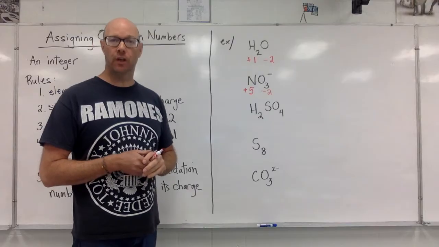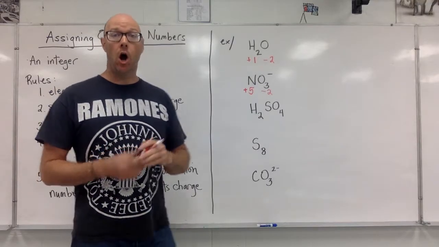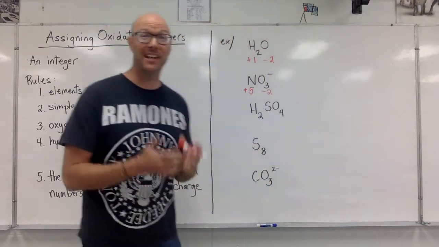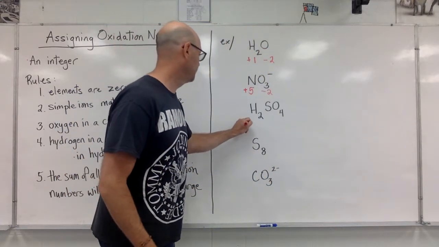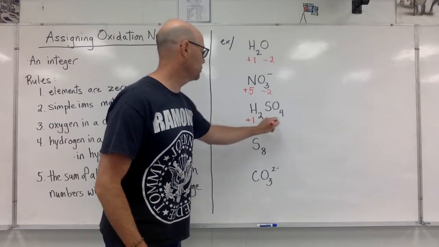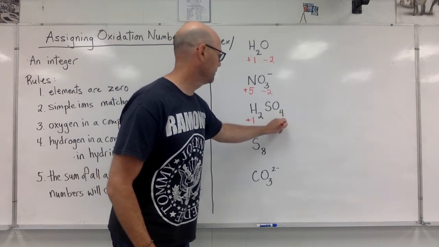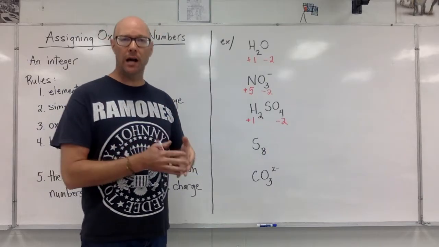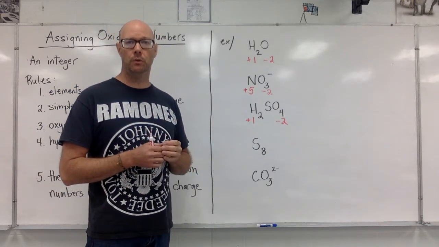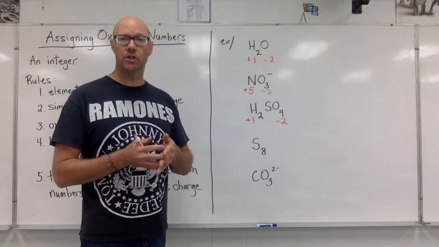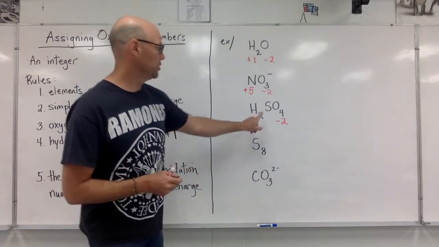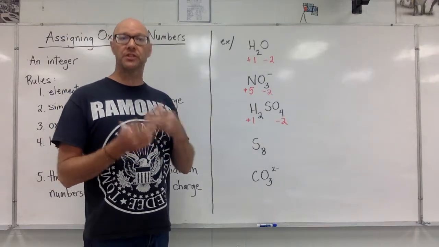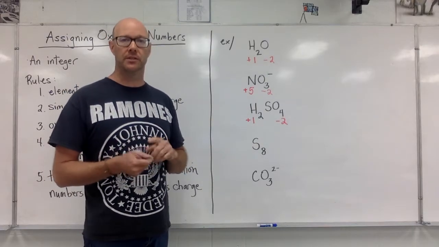Next I have sulfuric acid. That's a compound. Oxygen is -2, hydrogen is +1. We're going to see that so many times. There's 2 hydrogens, makes +2. There's 4 oxygens, that makes -8. So whatever number the sulfur has here is going to set it all up so that the sum of all of those numbers is 0.